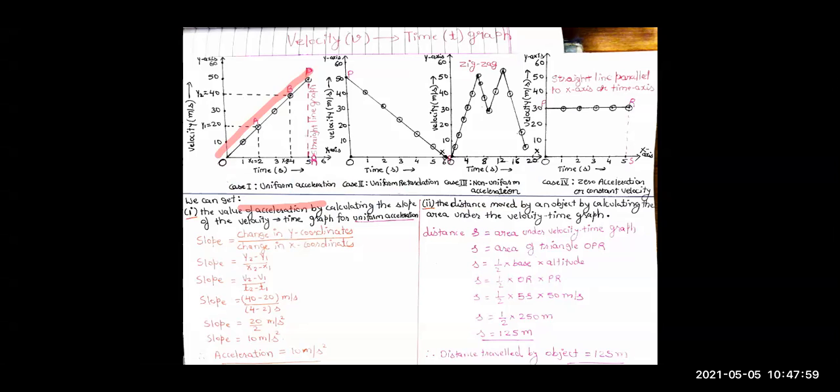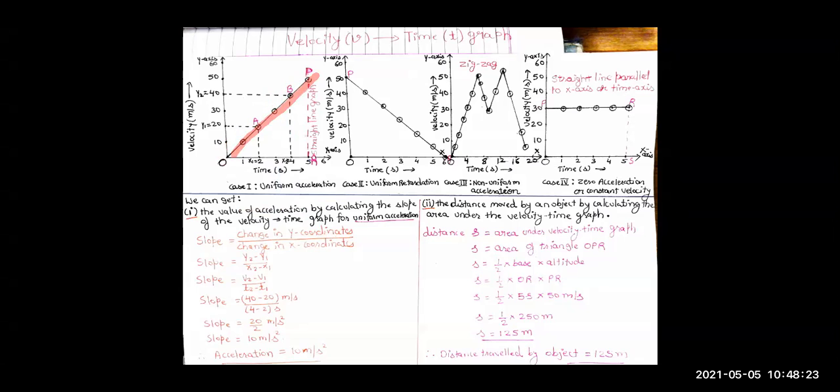Slope was change in y upon change in x. On the y-axis you have velocity, and on the x-axis you have time. So change in velocity by time was what? Acceleration. So if we find the slope of this graph, we can find the value of acceleration.